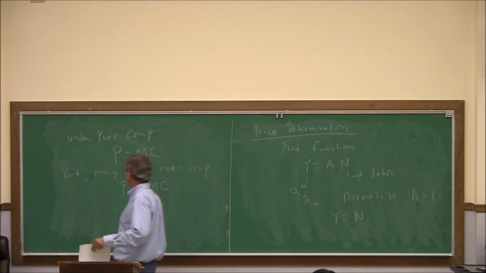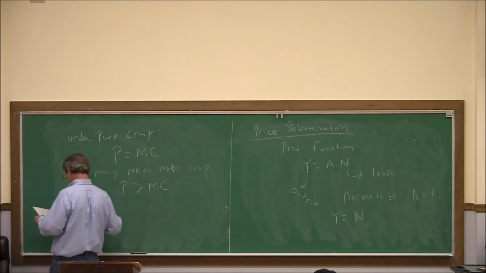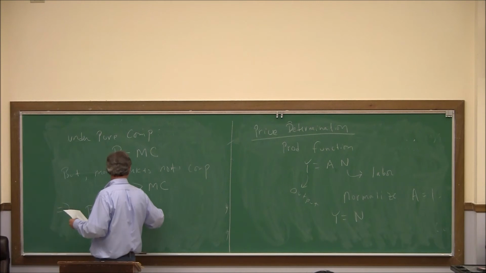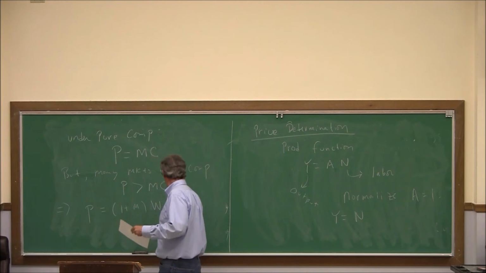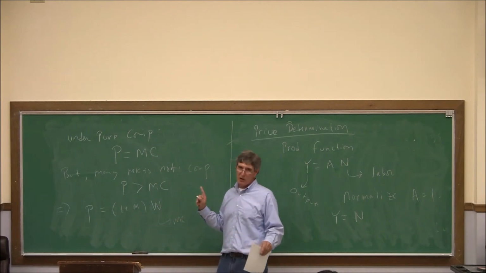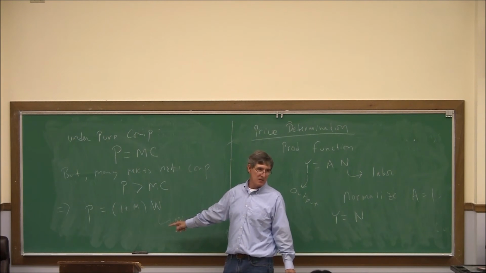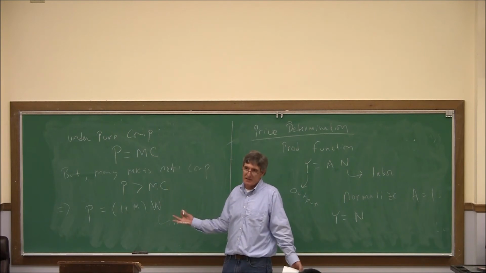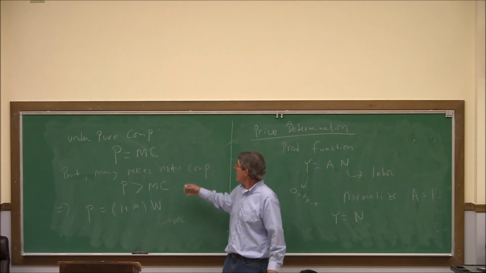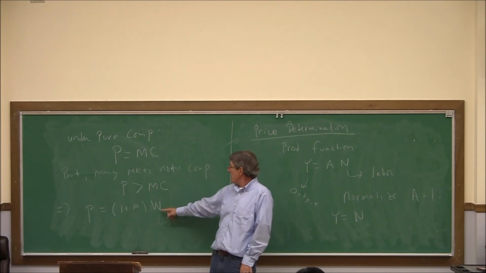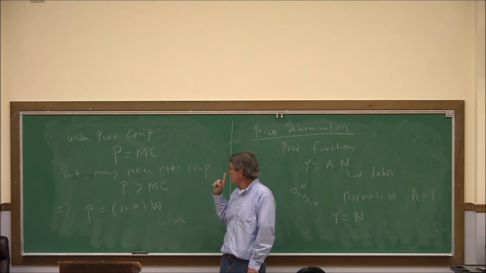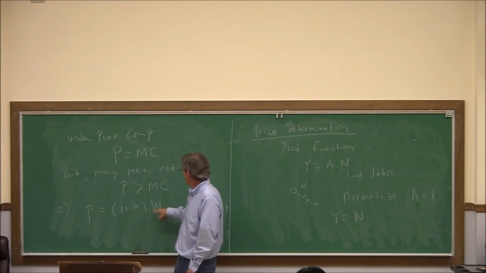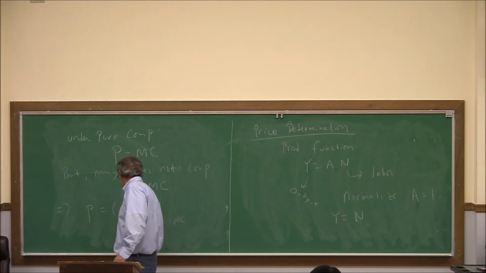So we're going to write price equals 1 plus M times W. In our model, this is the marginal cost. If I hire one more unit of labor, I pay them W. So the marginal cost of one more unit of labor is W. That's how it's defined. So if this is a per day model, this is the wage per day. That's the marginal cost that I have to pay that person for one more unit of labor. Then price does not equal marginal cost. It's greater than, so M is greater than 0.